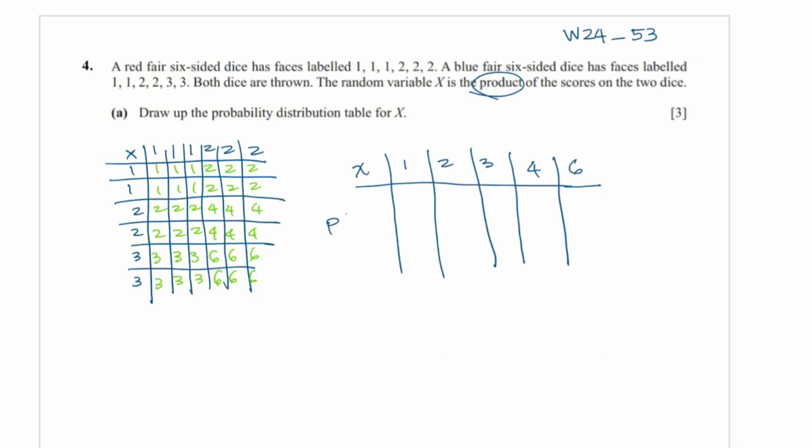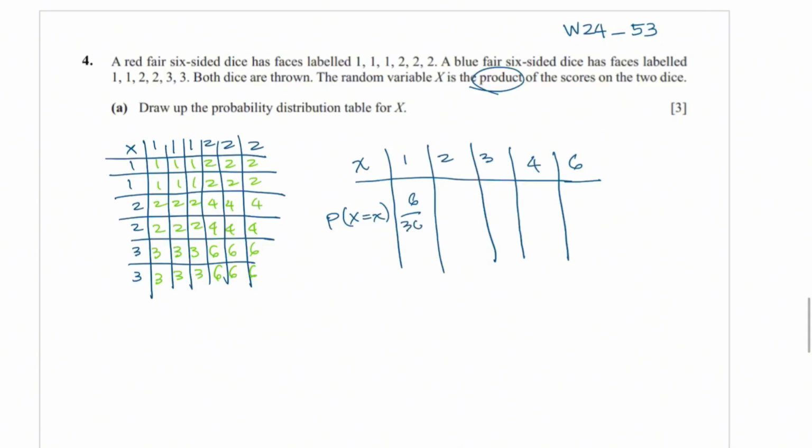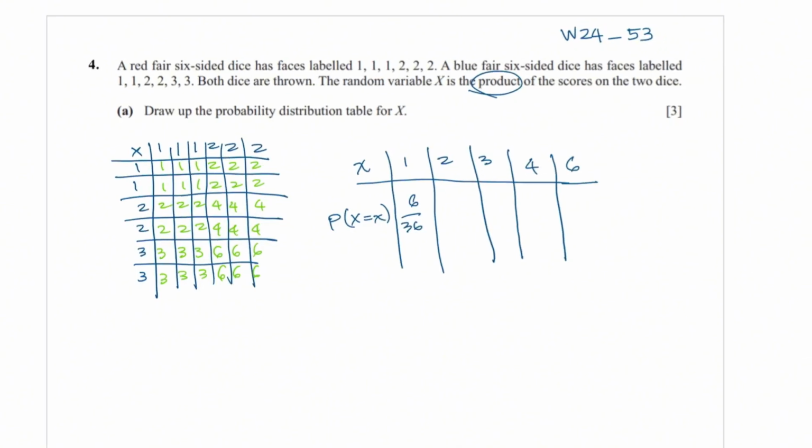What is the probability of you getting a 1? That is 6 out of 36. Getting a 2 is 12 out of 36. Getting a 3 is 6 out of 36. 4 is 6 out of 36, and getting a 6 is another 6 out of 36.